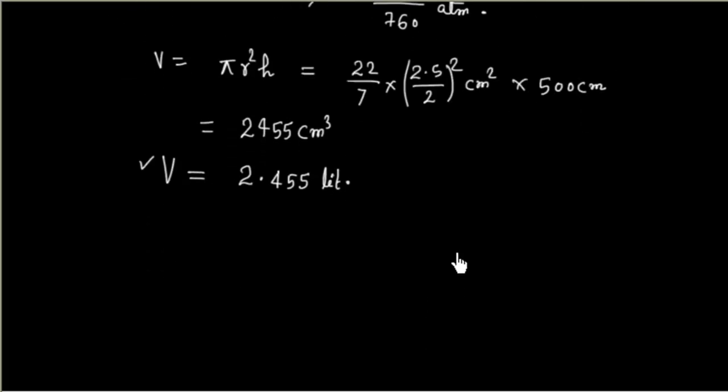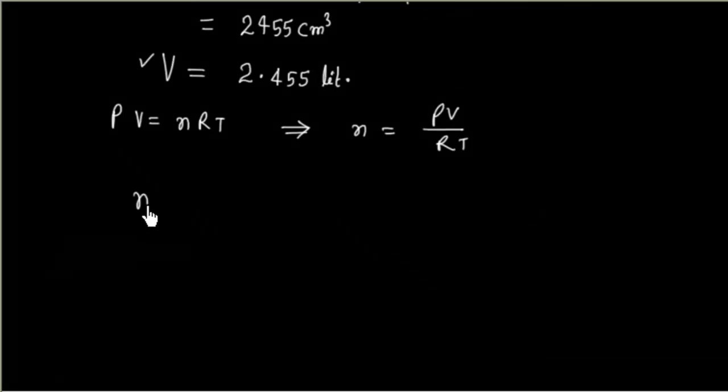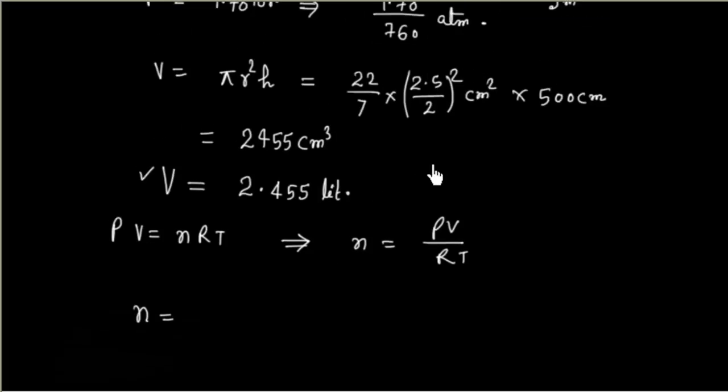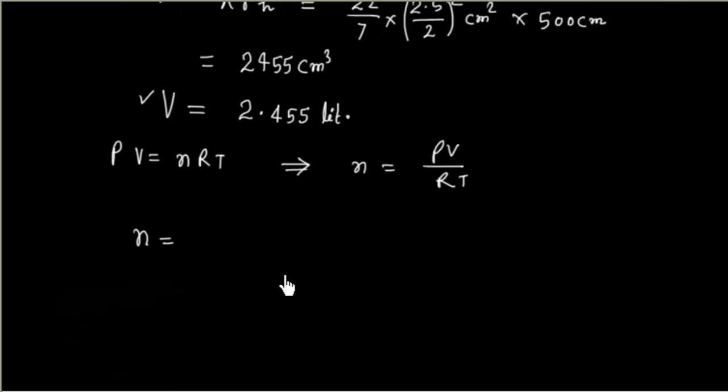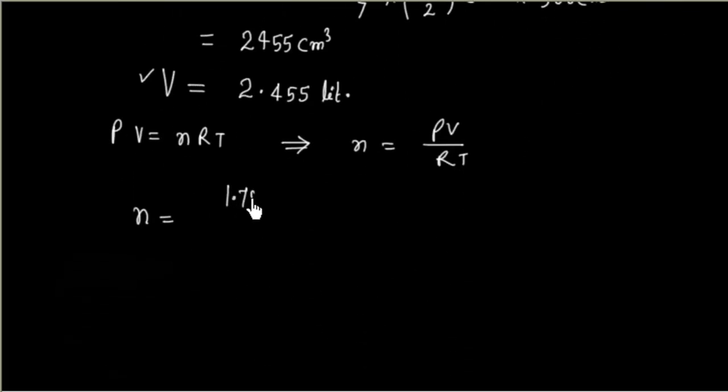the number of moles. So we have to write PV is equals to nRT. So from here number of moles is PV by RT. Let us put this value with dimension. N is equals to, pressure is given 1.78 by 760, and this is in atmospheric pressure. Volume is 2.455.